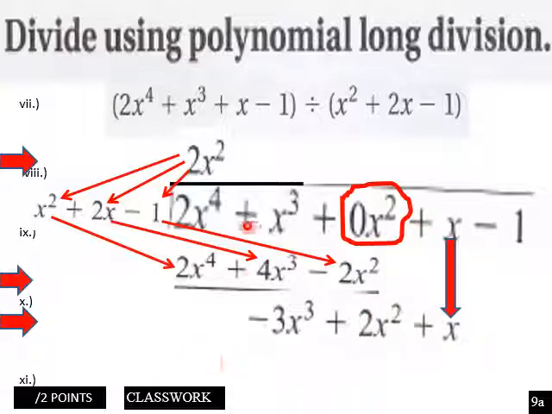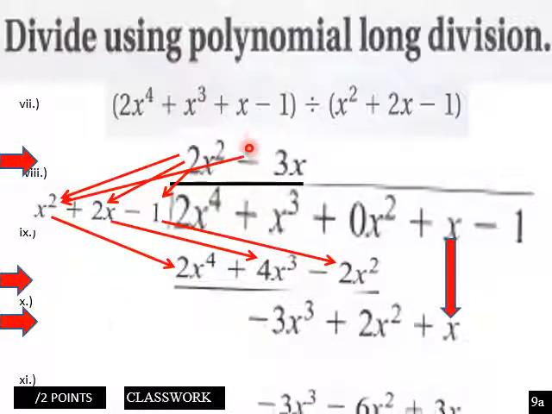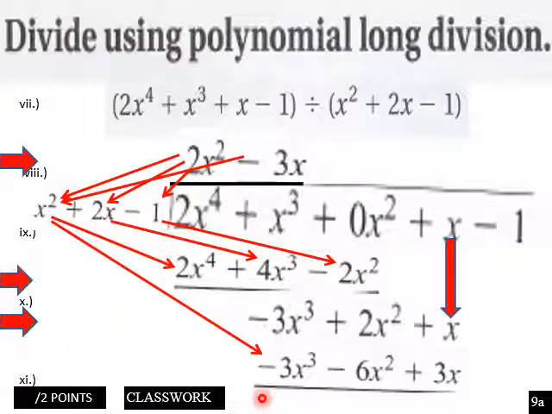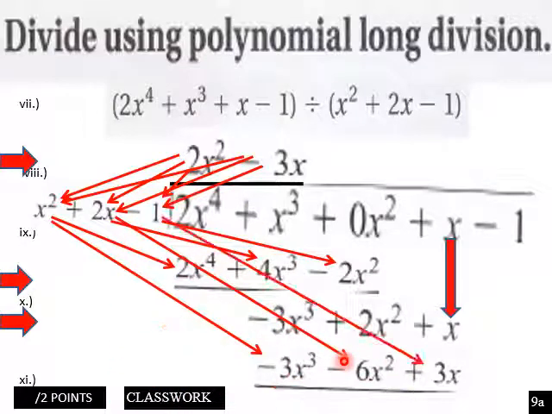Drop that down. Now, what part of our quotient can we use to multiply this? And what do we have? We have negative 3x. So we multiply that now by our divisor, and we get our new subtrahend here. Change signs and combine is what our next step's going to be.